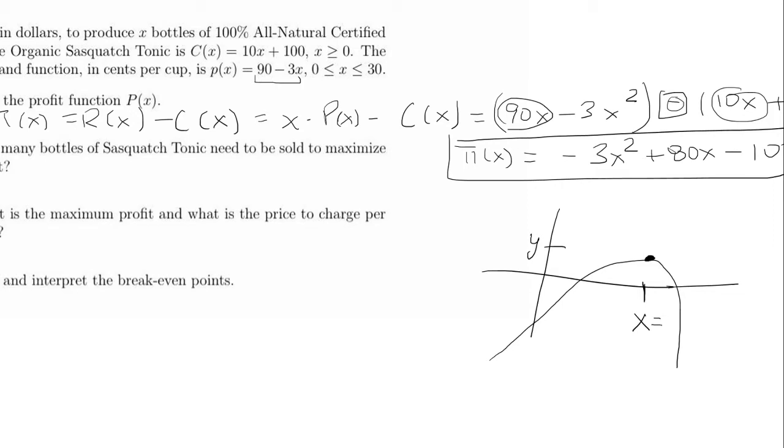The x value is just the opposite of b over 2a. b is 80, so we get x equals the opposite of 80 over 2 times a, and a is -3, so this is just 40 over 3. So we need to sell 40 over 3 bottles to maximize the profit.